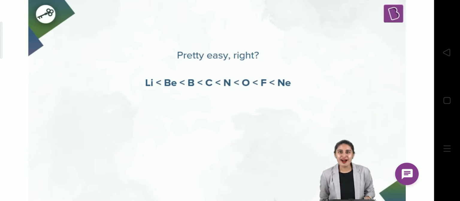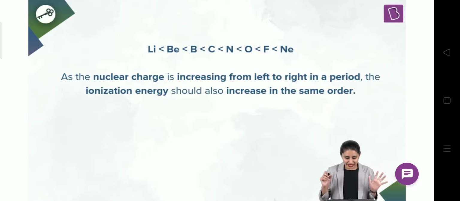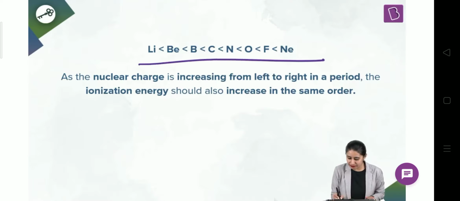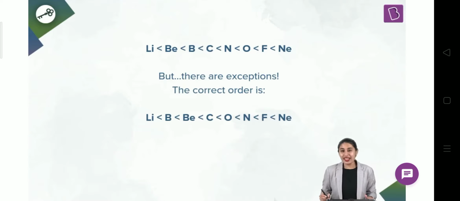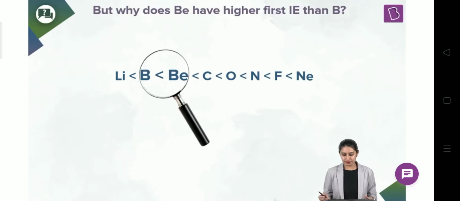But we are smart and we have done the factors affecting ionization energy. And since we have done them, we can't be fooled so easily. We know that here something strange is at play. It is not as simple as it sounds. There are exceptions, and the exception is this.